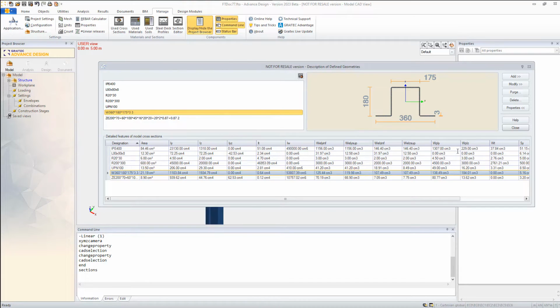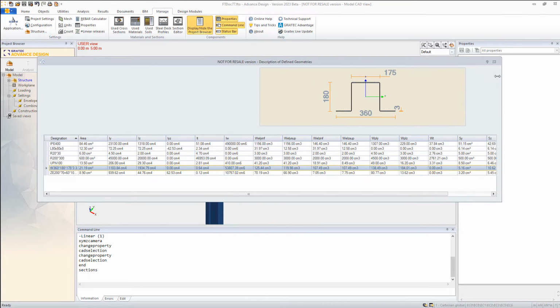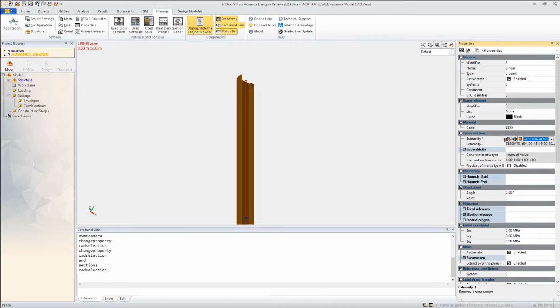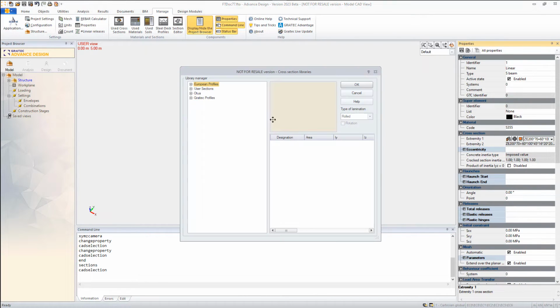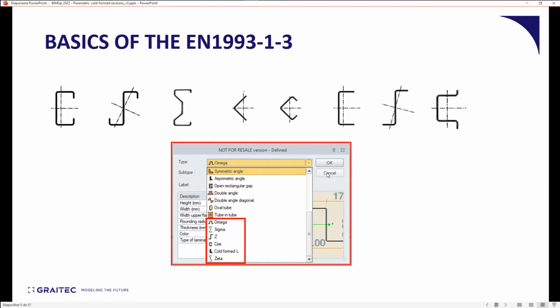You also have the plastic one, though not sure they have any use anyway, because most cold-formed sections will be elastic, like class 4, class 3. So you have this section available right away, and of course you also have other sections available from the library. Alright, so let's get back to the basics.